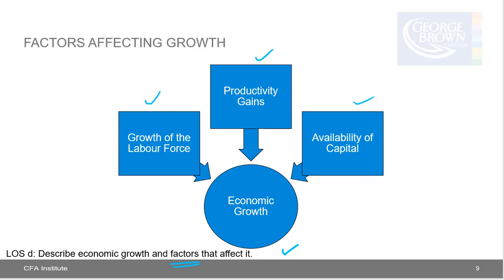The trend rate of GDP growth is determined at its most simplest level by growth in the labor force plus productivity gains, subject to the availability of capital to produce more products and services. Productivity is a function of the efficiency of a worker and the available technology.